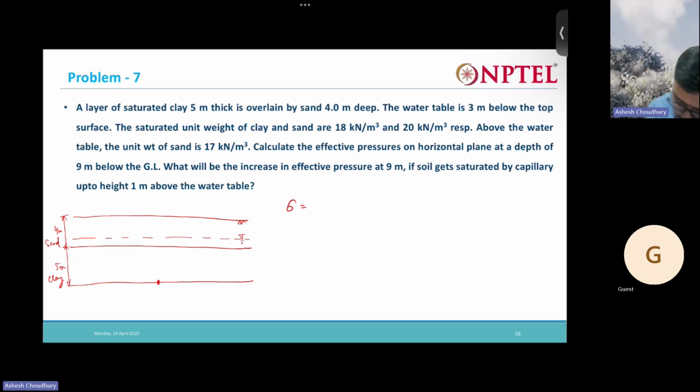First, let us calculate. So, 17 times 3 plus 20 times 1 plus 18 times 5.